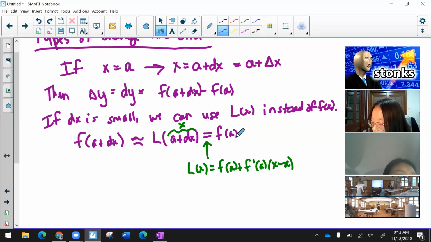The a plus dx is the thing that we have to find an easier way to calculate. Sometimes the function is big and there's a lot of parts to it, and maybe I don't have my calculator. The linearization lets me not have to use my calculator. It simplifies. So this is going to be f of a plus f prime of a times x, which is a plus dx minus a.